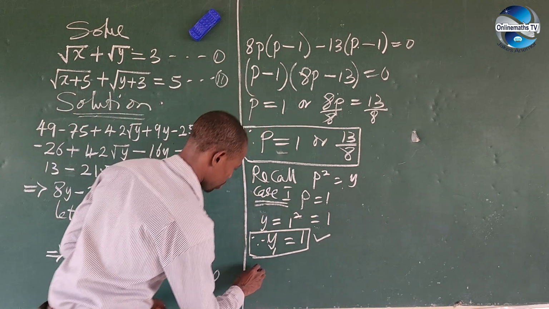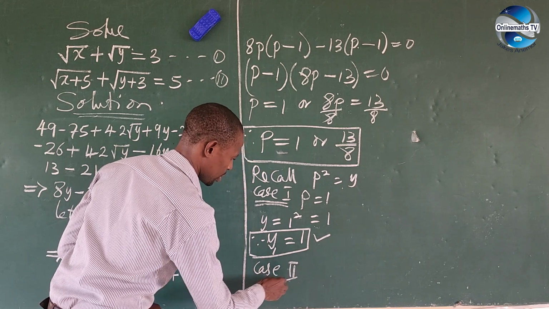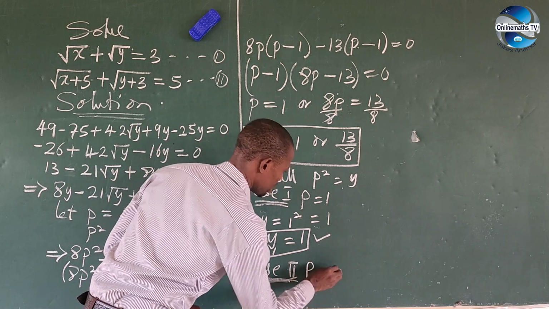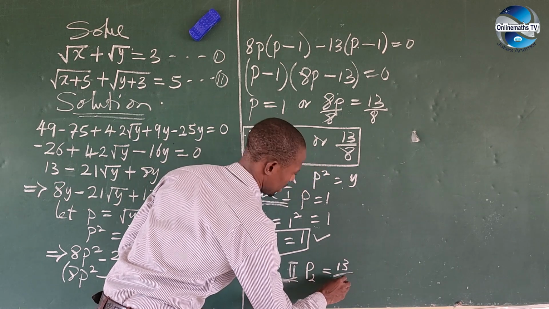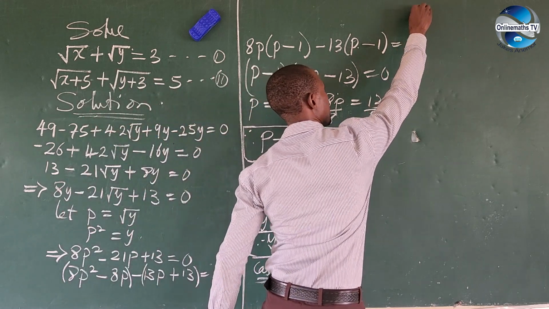So for case 2, what is our p? P2 is equal to 13 all over 8. Okay, so let's continue on this side again.